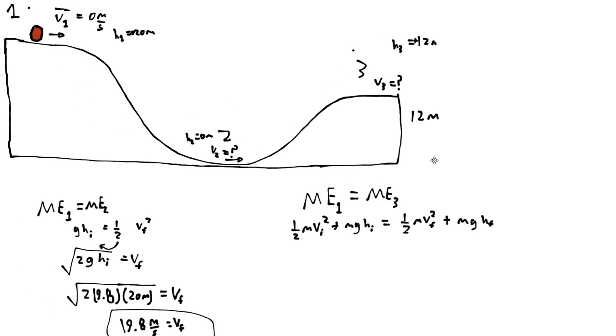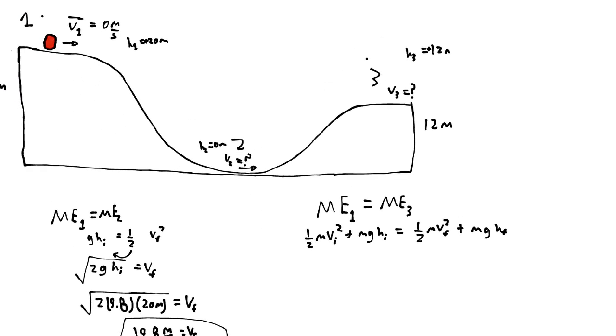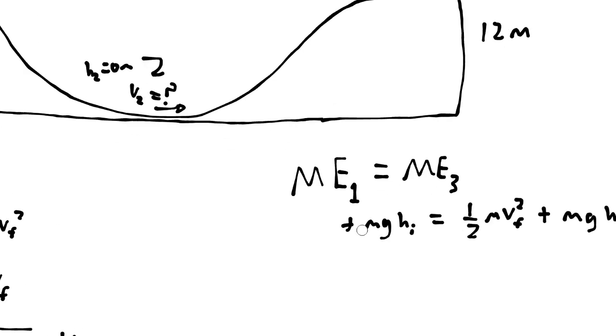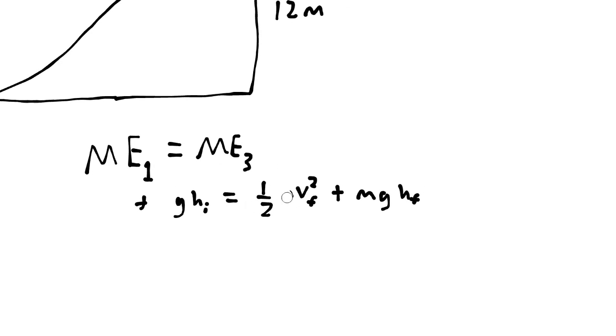Before I go to the next step, remember we can take away the initial kinetic energy right here because VI is equal to 0. And then I'm also going to take away all the masses because you can divide by mass on every side and it won't affect your end result. Now, one thing about the mass: if it asks for kinetic energy, which is in joules, then you're going to have to use the mass, right?